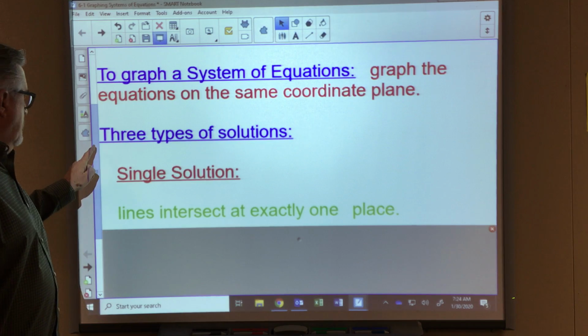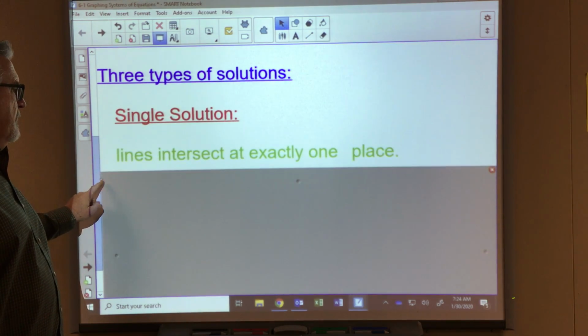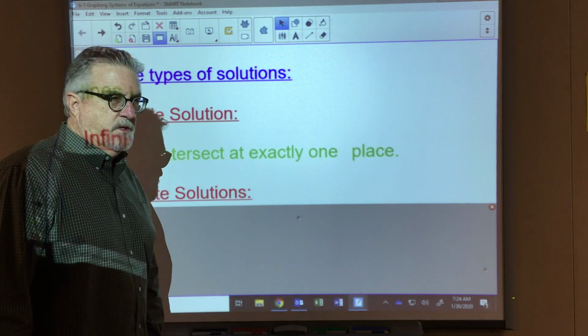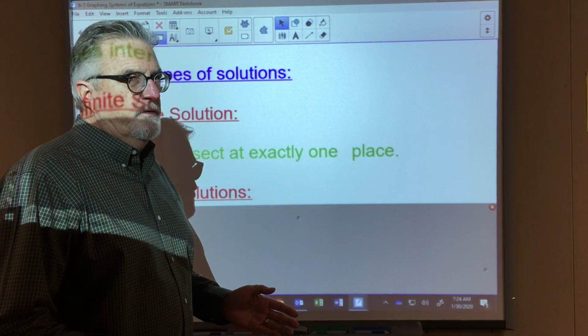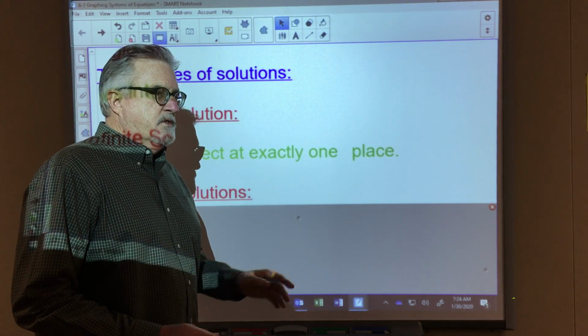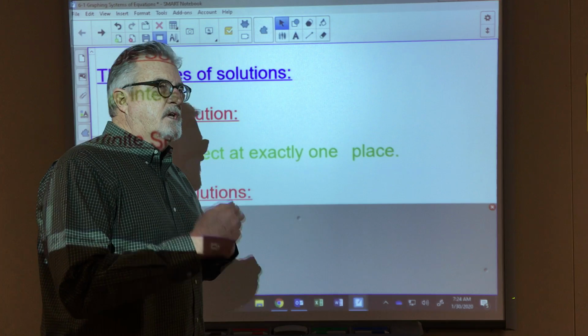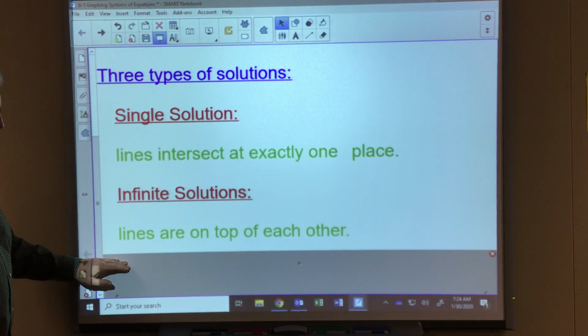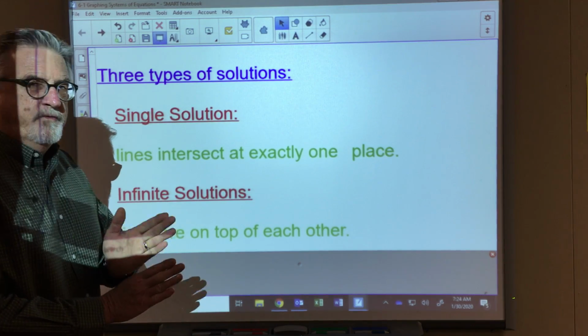All right. There's also a situation where you run into an infinite number of solutions. Now infinite is different than all real number solutions that we've had before. It's not saying all real numbers, it's just saying that there is an infinite number of solutions. And what this looks like is when the lines are actually on top of each other.